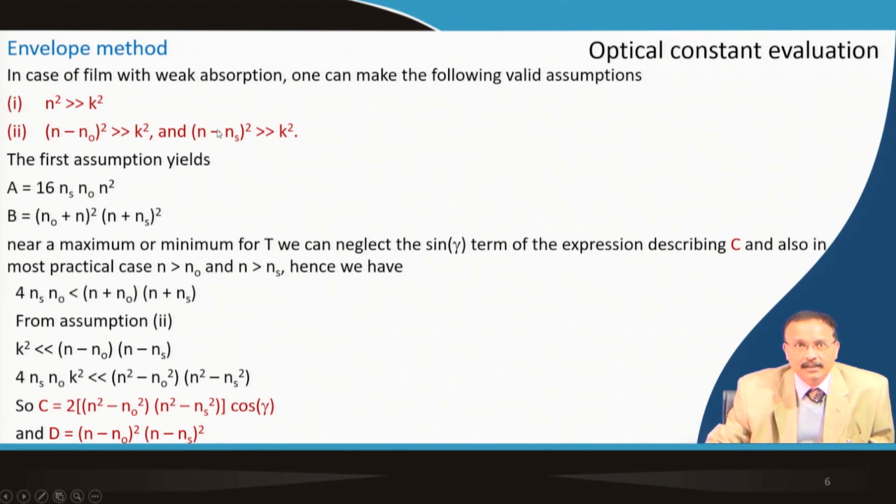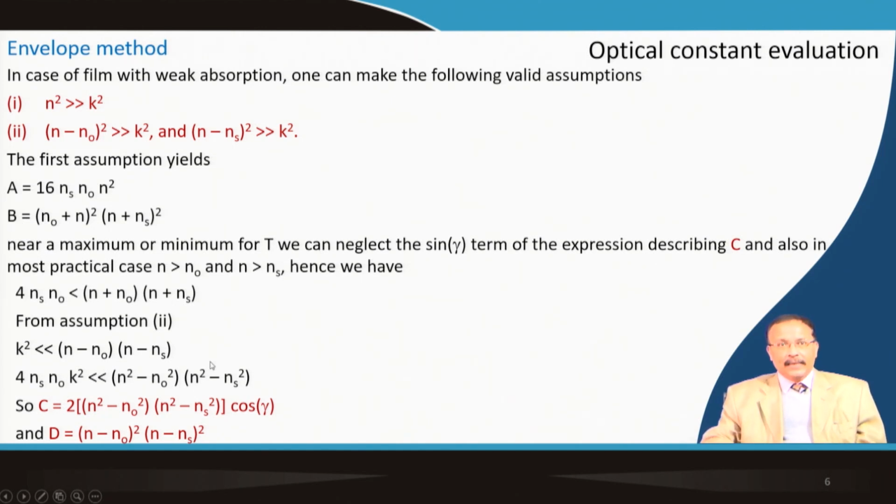This difference in the refractive index, squared, is also much larger than the extinction coefficient. So, if you apply this assumption, then the A constant which I just described is reduced to this, and B is reduced to this.